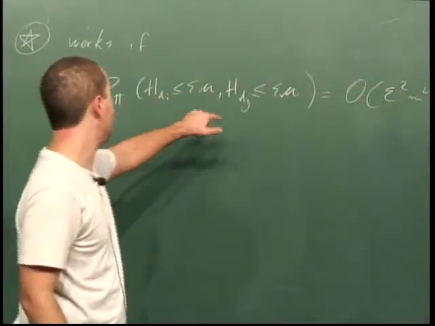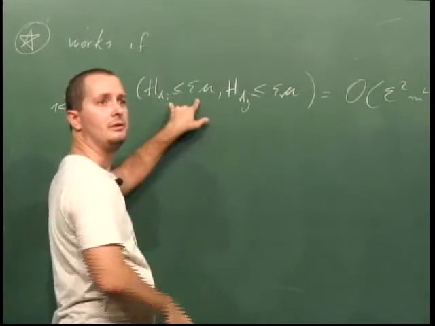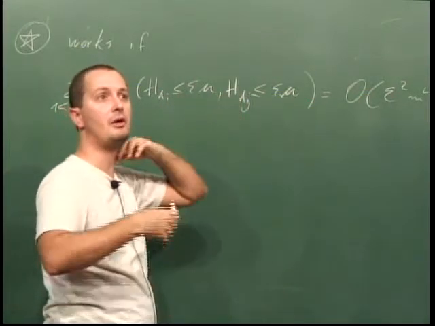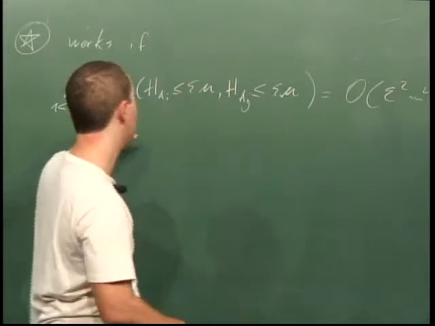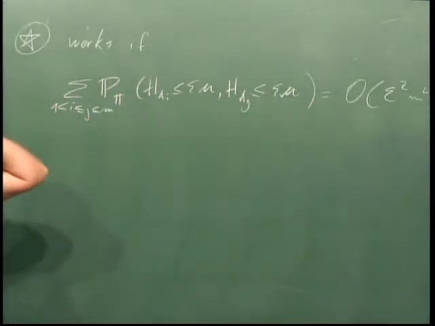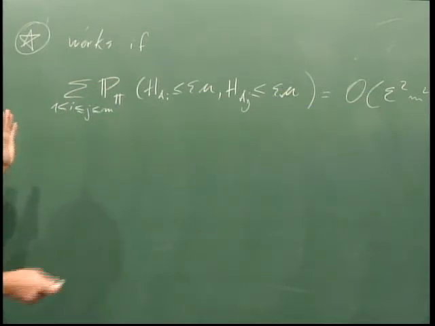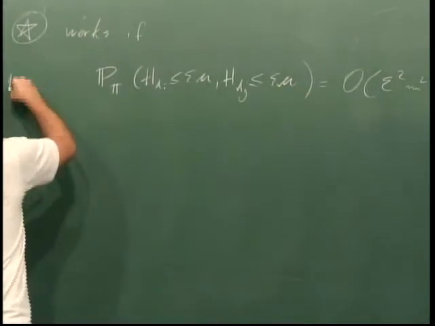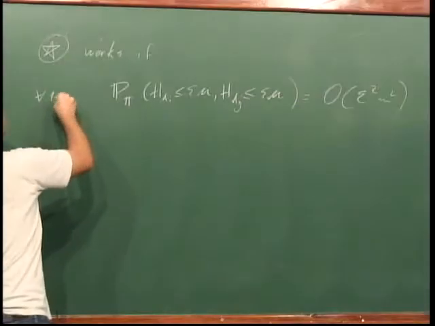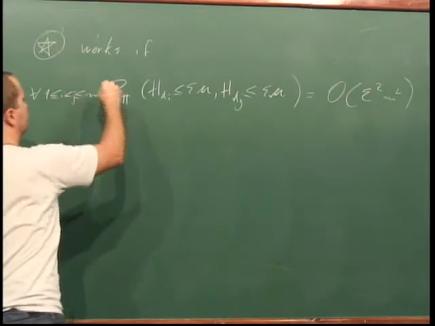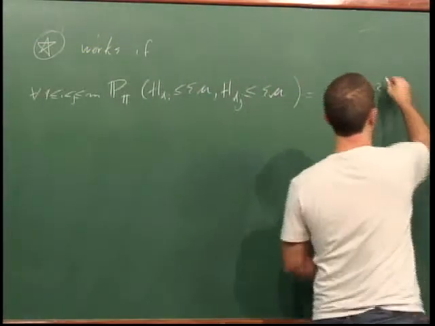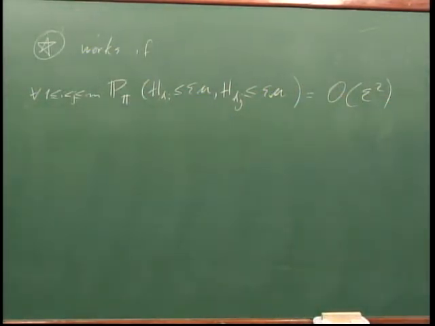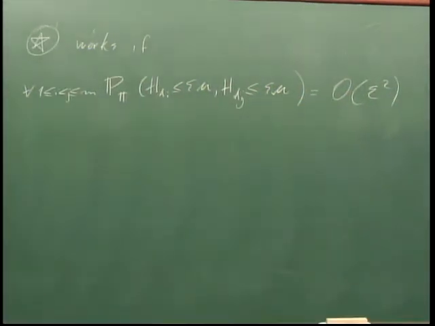Each one of those events should have probability epsilon, and this too. If the correlations are small, you expect the probability of the intersection to be about the product, so you have epsilon squared, and you have m choose 2 terms here. If you have this, then you can prove that the probability of the union is about the sum of the probabilities, and then you're all set.